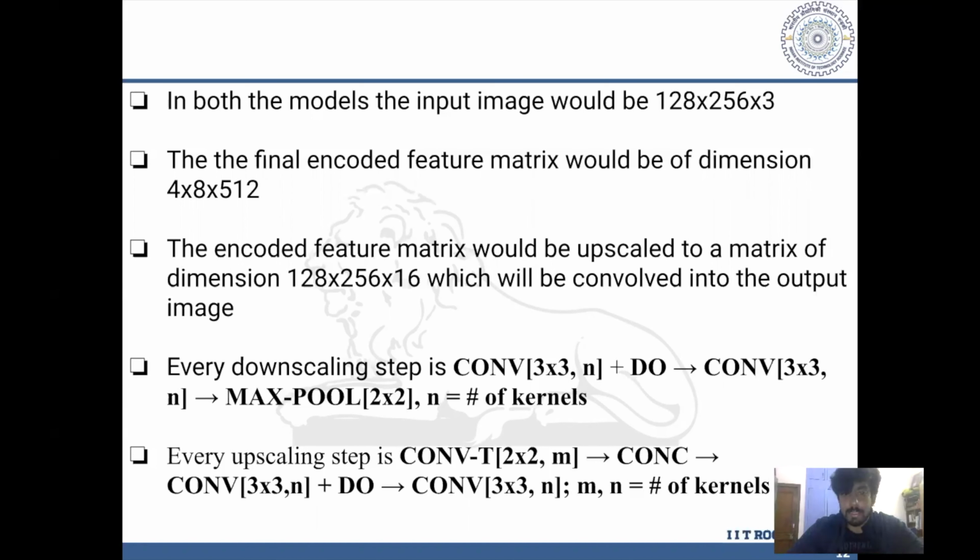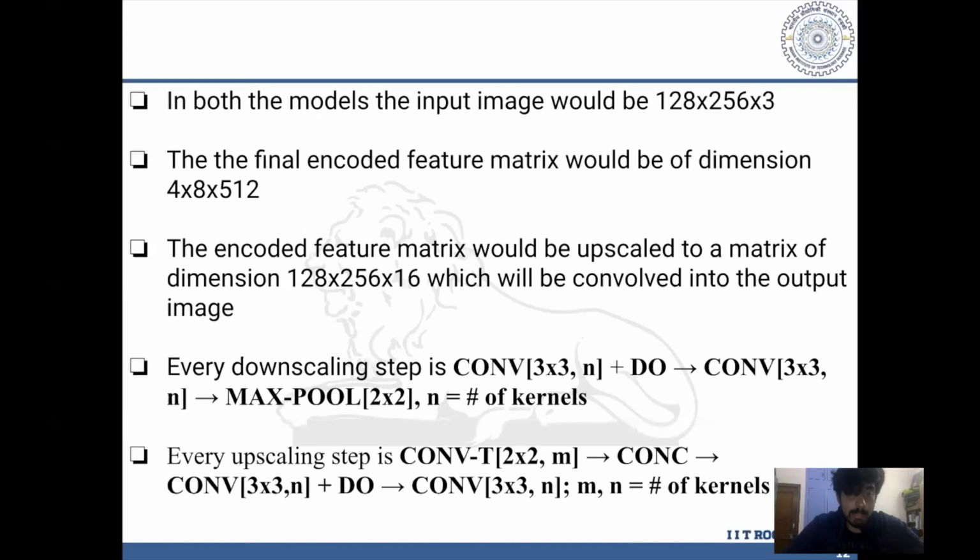Right? So every downscaling step, downscaling means encoding. Every encoding or downscaling step is essentially a convolutional matrix of 3 cross 3, n being the number of kernels, followed by a dropout layer, and then again a convolutional layer, and then another max pooling layer, which essentially downscales the dimensions of the matrix representation.